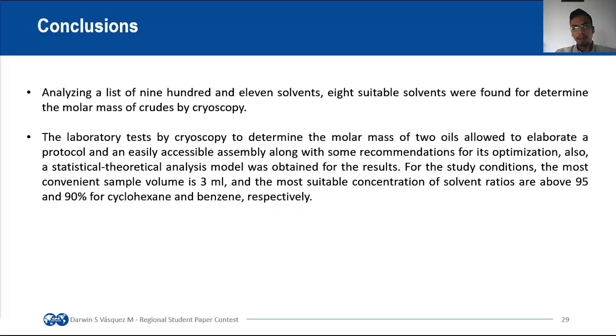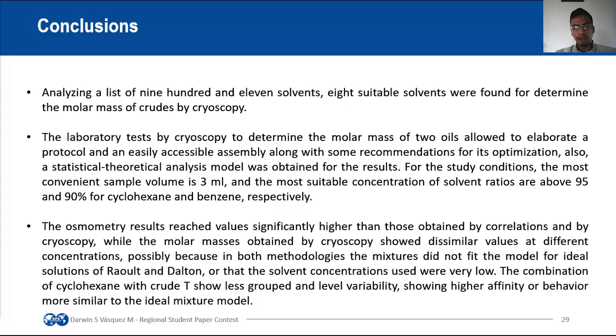Also, a theoretical statistical analysis model was obtained for the results. For the study conditions, the most convenient sample volume is 3 milliliters, and the most suitable solvent concentrations are about 95 and 90% for cyclohexane and benzene.